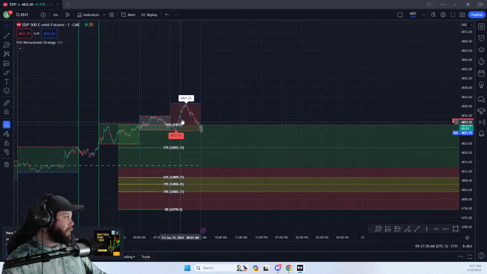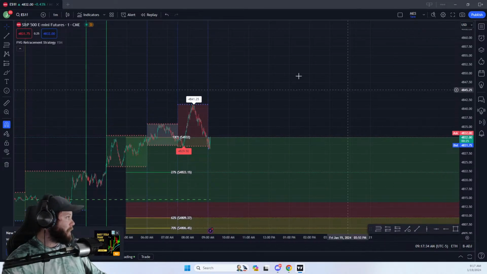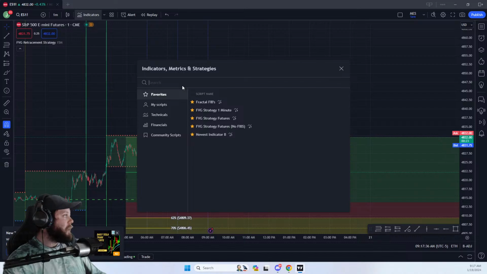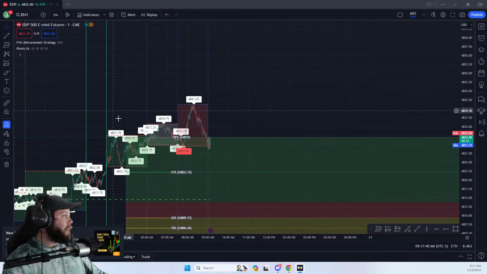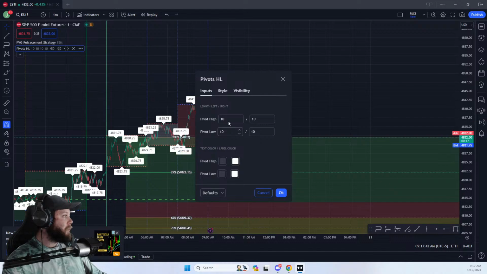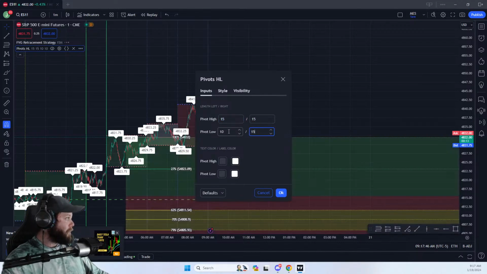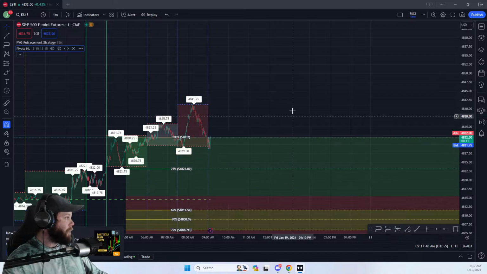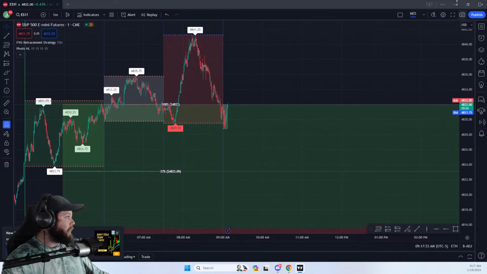And it should be technically from here to here, but I'm assuming the last green 15-minute fib. So if we were to add pivot high, low, it's on 10-minute right now. If we were to change this to 15. There we go.